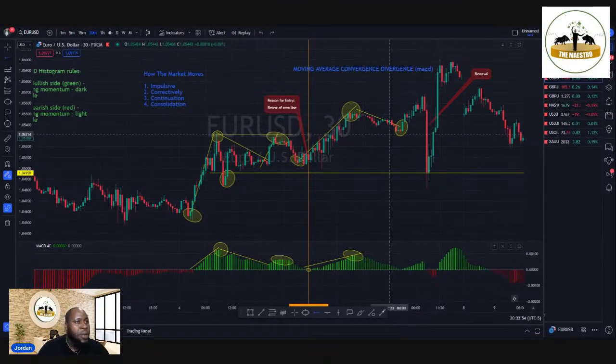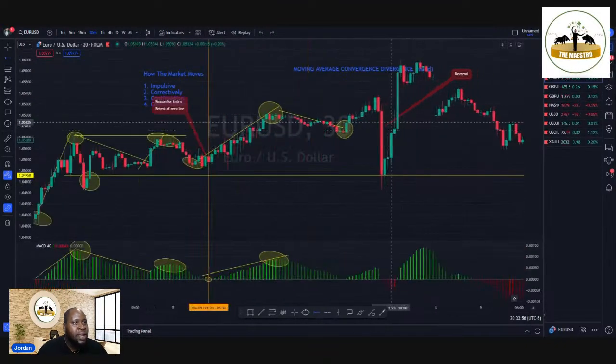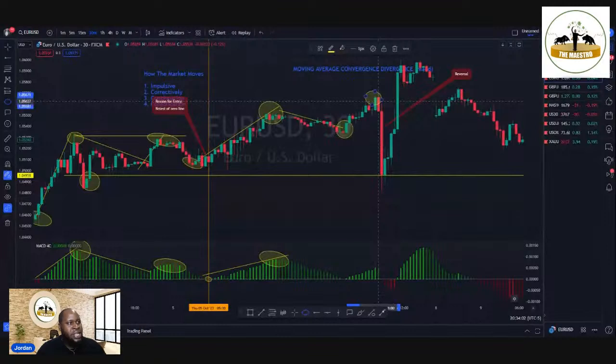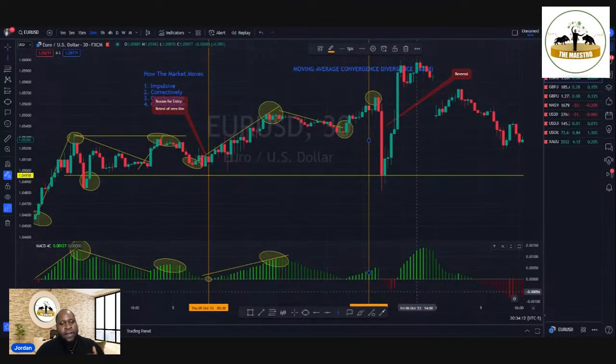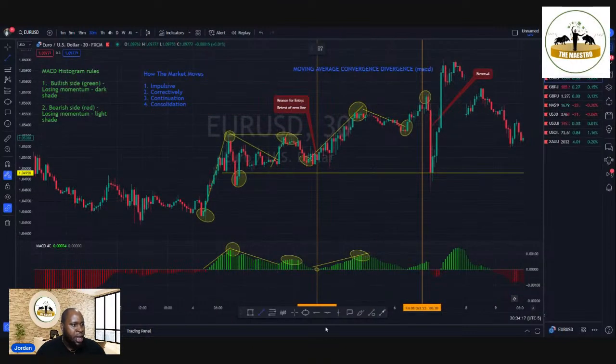Okay, so as we finally get to the very last high over here, this high is clearly bigger than this previous high over here, right? But what do we see on the histogram? We get even lower on the histogram. We get even lower.